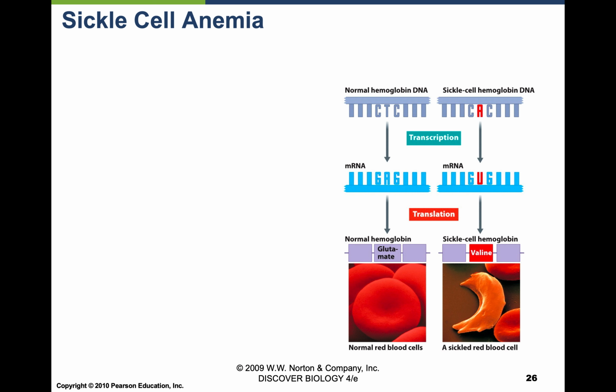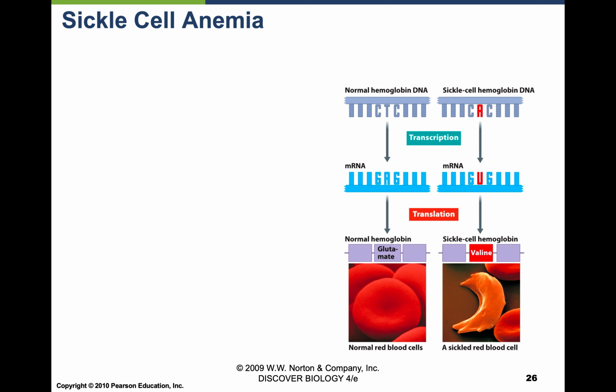All right, and we actually see this in humans even. Okay, so sickle cell anemia. I'm not sure how many of you know much about sickle cell anemia, but you should definitely take a few seconds and search it out and understand it. It affects human populations, specifically many human populations with African origins.